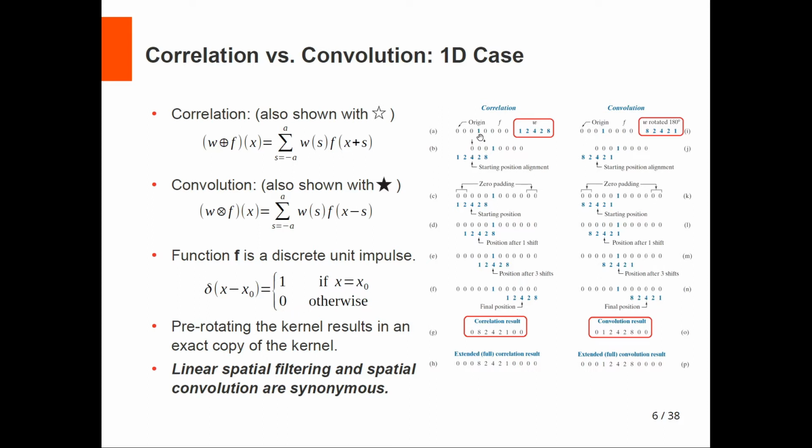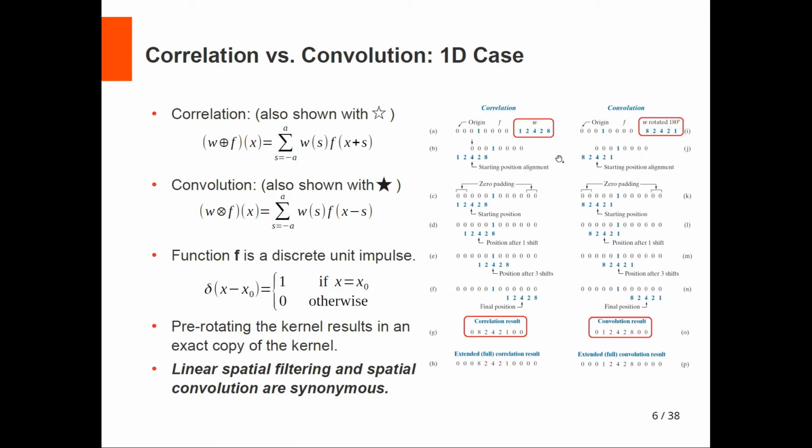For example here, if we assume the first location is the origin of the image, this function f is going to be delta of x minus 4, because it is 1 when x is equal to 4, otherwise it is 0.